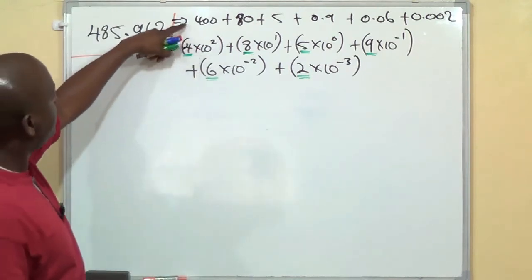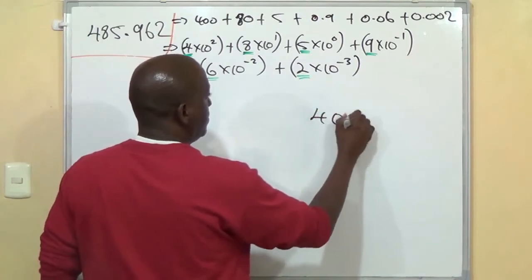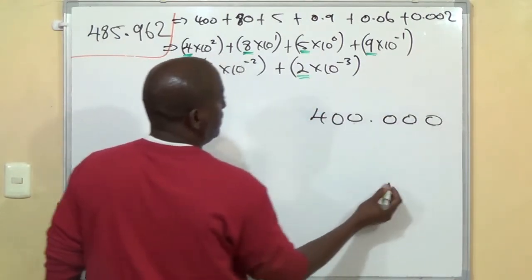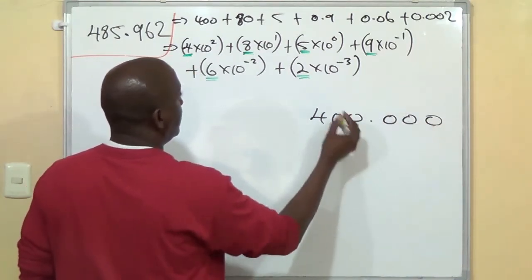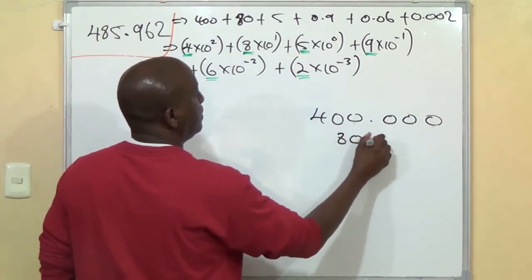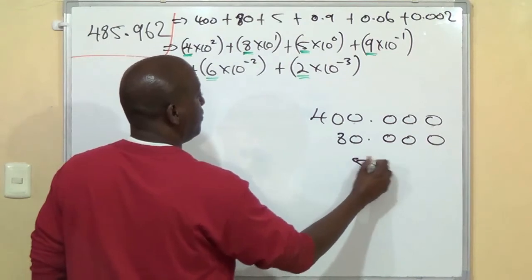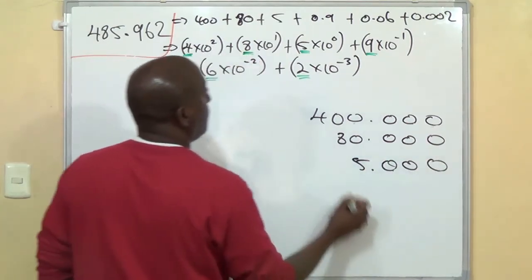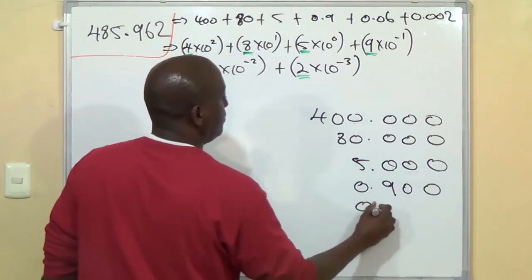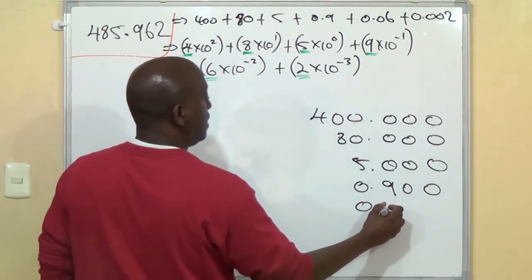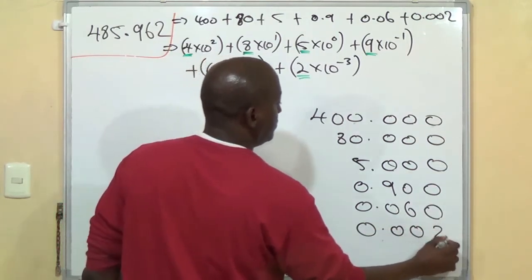So this is what this is. So if I have to write this out, it will be 400, and everything else is 0. 80, 5, and then you have 0.900, 0.060 and 0.002.